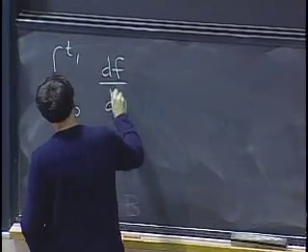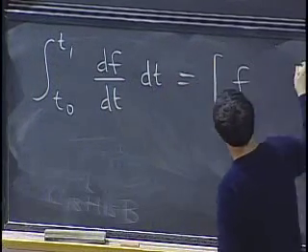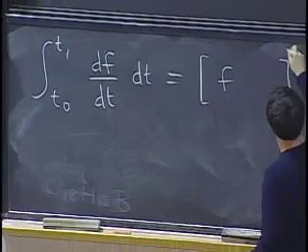Okay. So the integral from t0 to t1 of df/dt, well, that becomes f between t0 and t1.